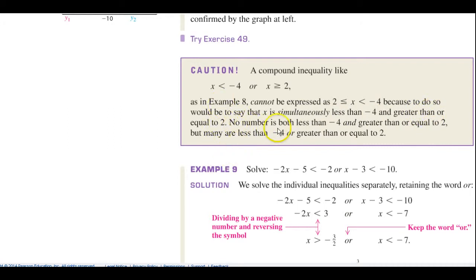So no number is both less than -4 and greater than or equal to 2. But many are less than -4 or greater than or equal to 2. All right, so again, read that over and keep that in mind.